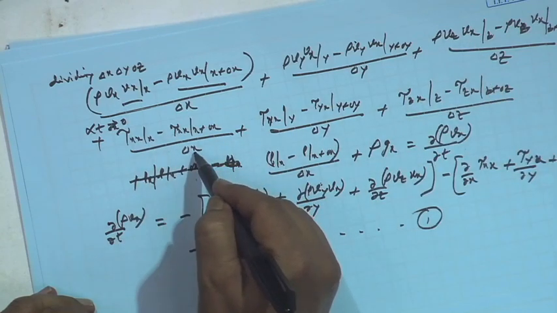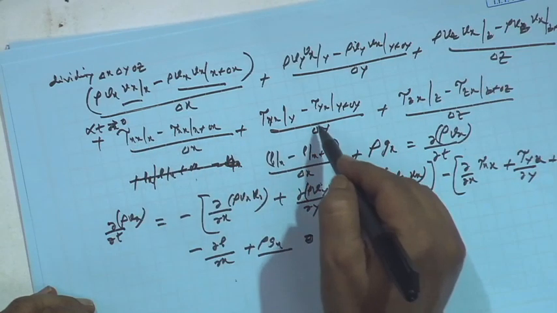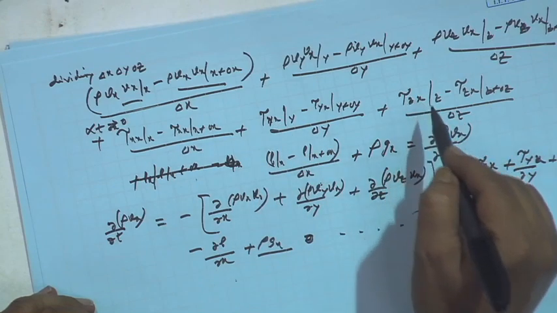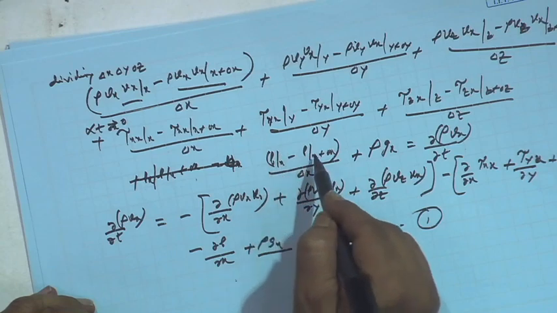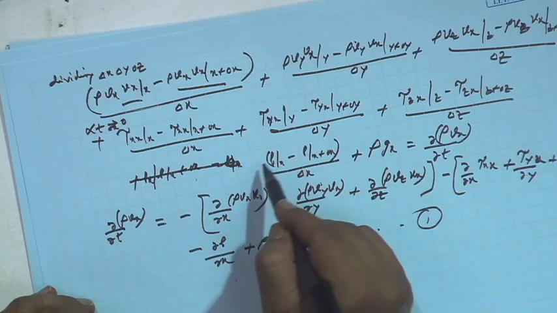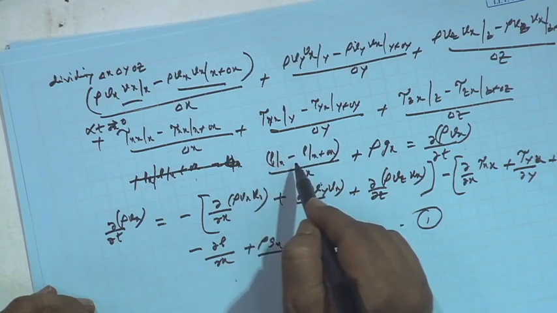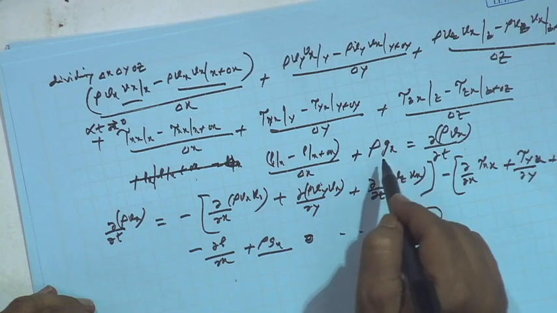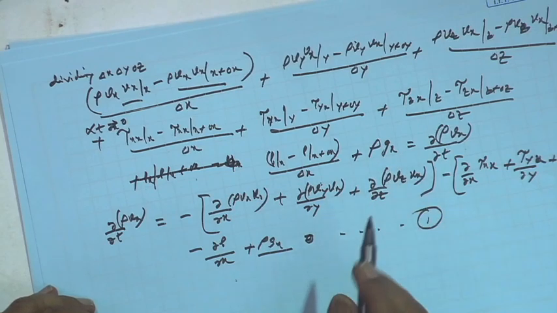Similarly, ∂/∂x of τxx, ∂/∂y of τyx, ∂/∂z of τzx, right. Here also minus this, that is why negative is coming. So, ∂p/∂x, and here we had ρg_x, all x, y, z was out, so only ρg_x remaining, right.